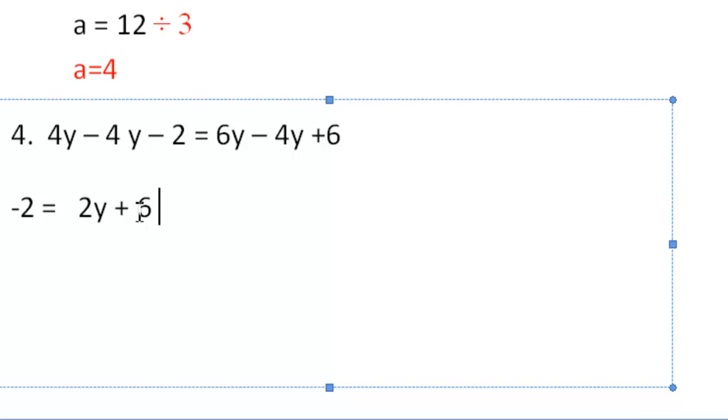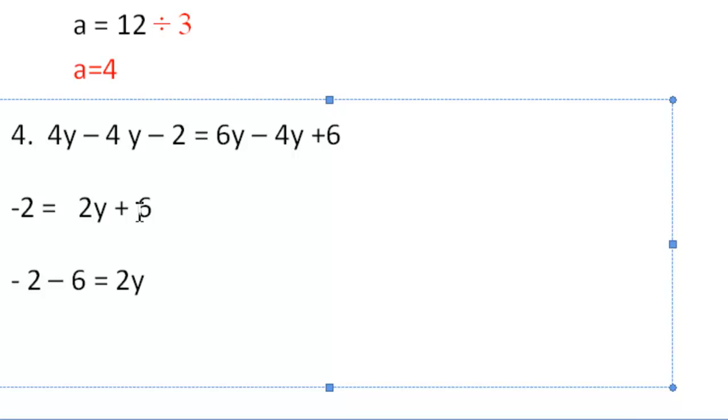Now it's a normal equation. We can first remove 6 by subtracting 6 from both sides. So negative 2 minus 6 equals 2y.